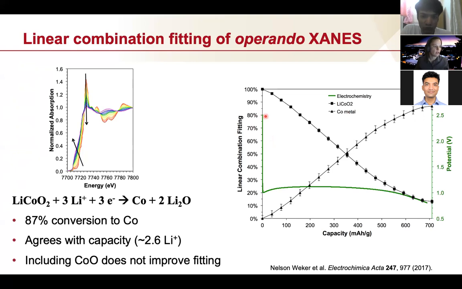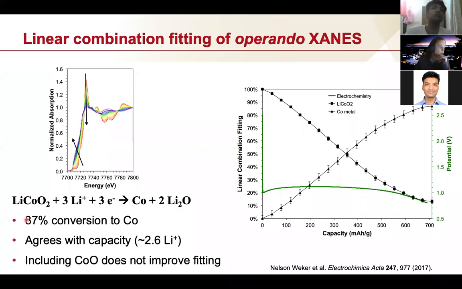So we've done this. This is the electrochemistry of putting in those 3 extra lithium ions, sorry. And we start out, this is the percentage of black squares are lithium cobalt oxide. The triangles are cobalt metal. We start out with 100% lithium cobalt oxide, get to about 13% at the end of that cycle, and equivalently replace that with the amount of cobalt metal.